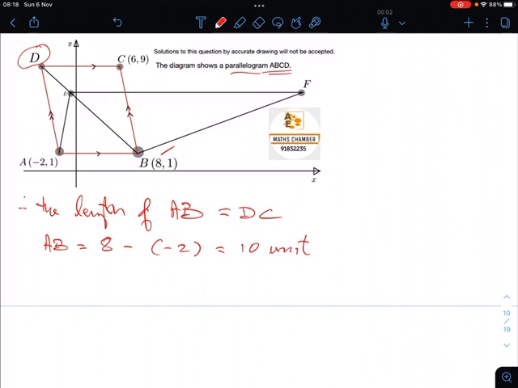Therefore DC will also be equal to 10, which is 6 minus XD, where XD is the x coordinate of point D. So XD will be 6 minus 10, which is equal to negative 4.